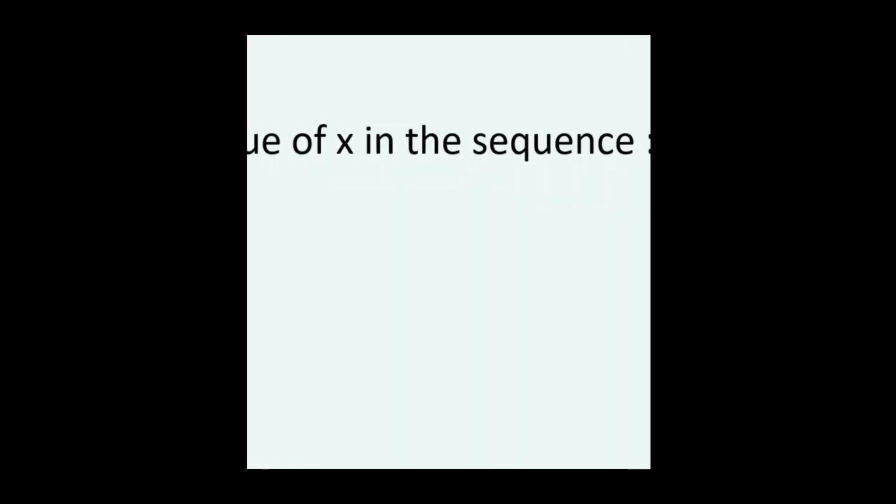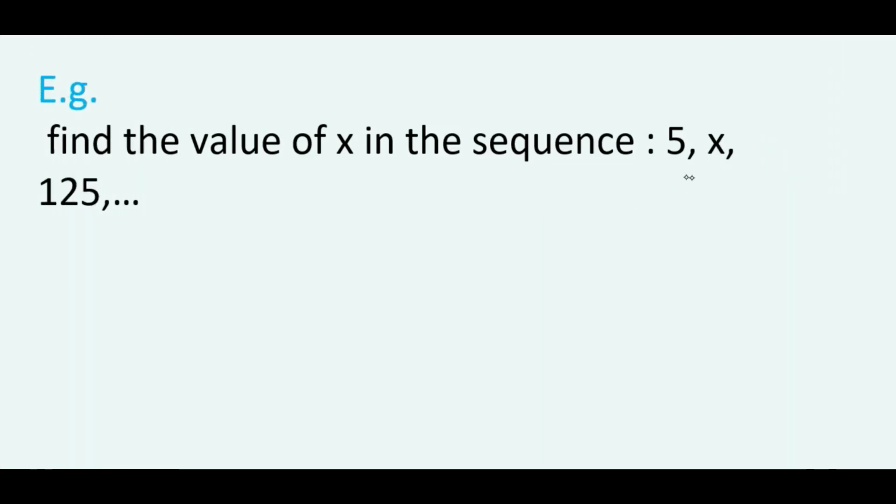Looking at this example, find the value of x in the sequence 5, x, 125. This is a GP. So how do we go about it? There are two ways. We can just say that this x is equal to the square root of 5 times 125.